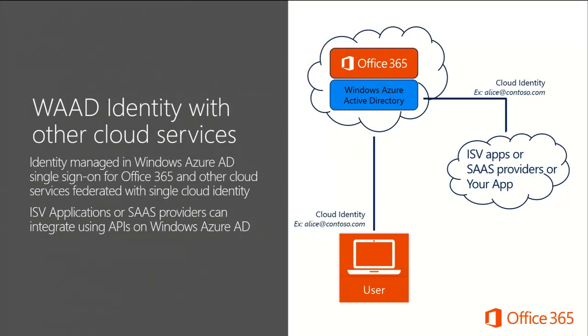I mentioned earlier you can use them for Microsoft applications, but the Azure team have made this available for any application that you might want to build, and they have published on MSDN guidance for how you can build software that makes use of Windows Azure Active Directory. You can authenticate users against it, and you can authorize users and essentially use it as an Active Directory domain controller and make use of it from a web application that you might build. All right, so that's the last piece.